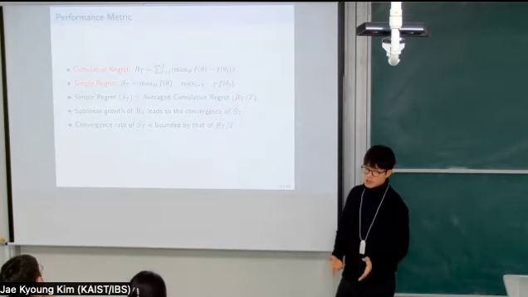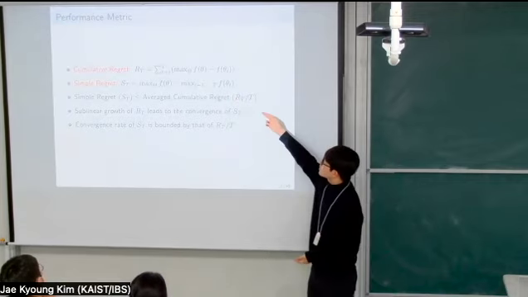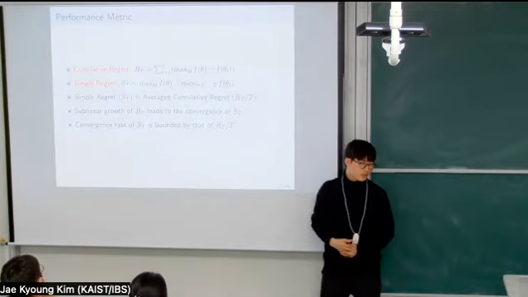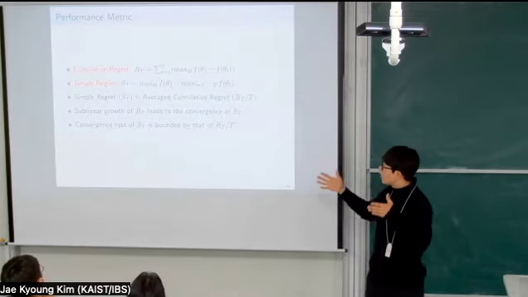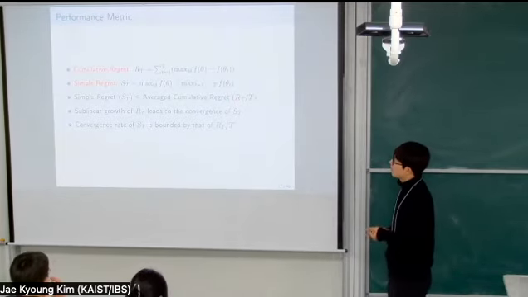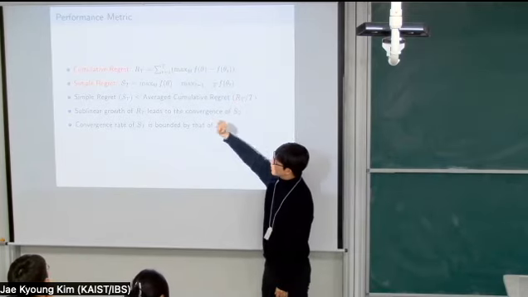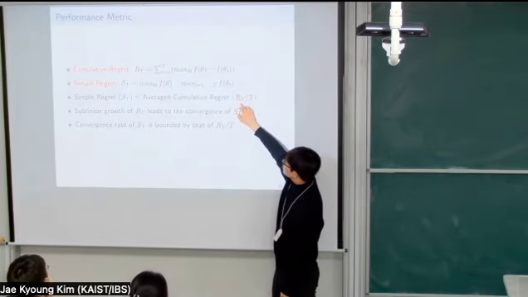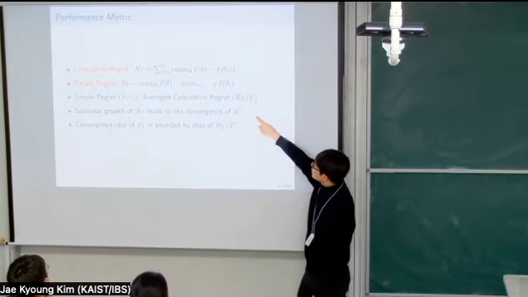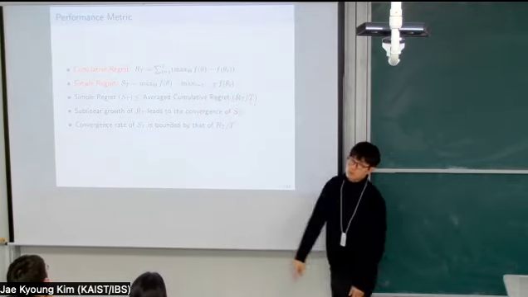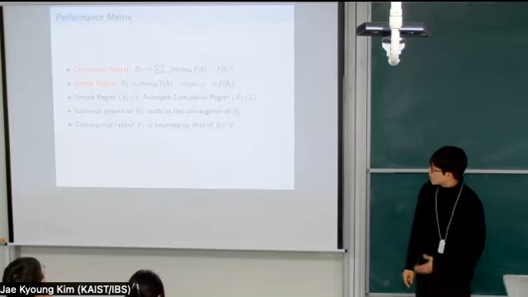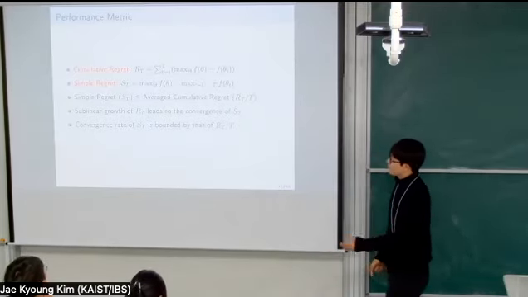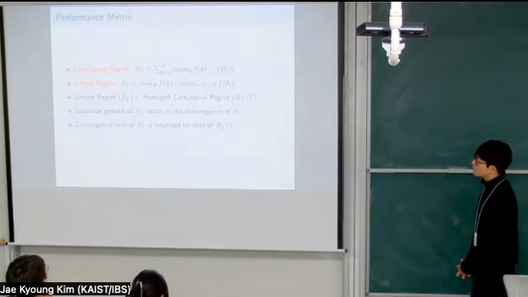What people have shown is that the average cumulative regret, which is the cumulative regret divided by the total number of iterations capital T, bounds the simple regret, and people establish a sublinear growth of the cumulative regret. So if R_T is sublinear, the average cumulative regret goes to zero, and that leads to convergence of the simple regret, because simple regret also goes to zero.